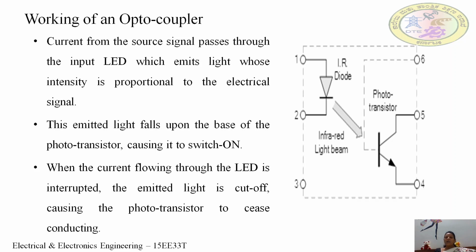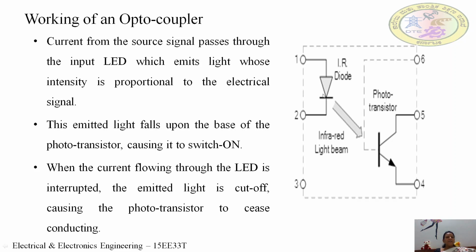So in this case we have considered a phototransistor as the light detector. So when a signal that has to be transmitted passes through the light emitting diode, it emits light. The LED emits light.